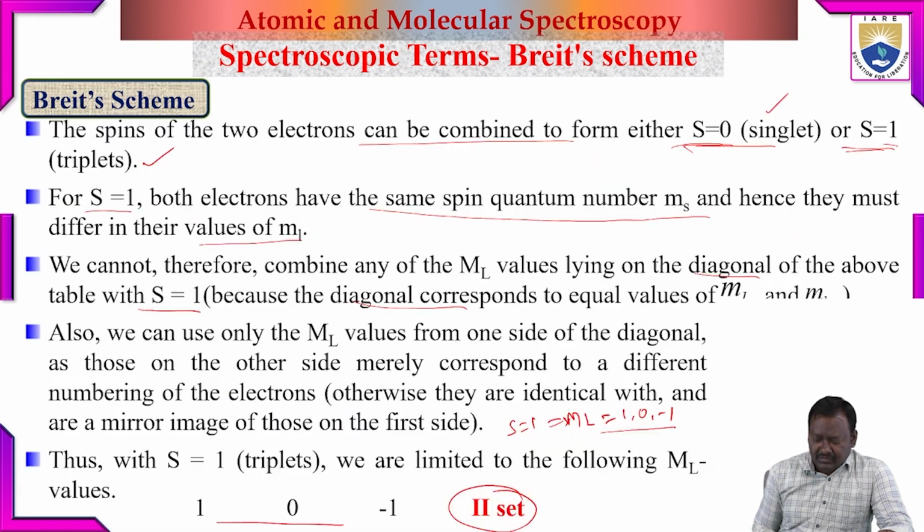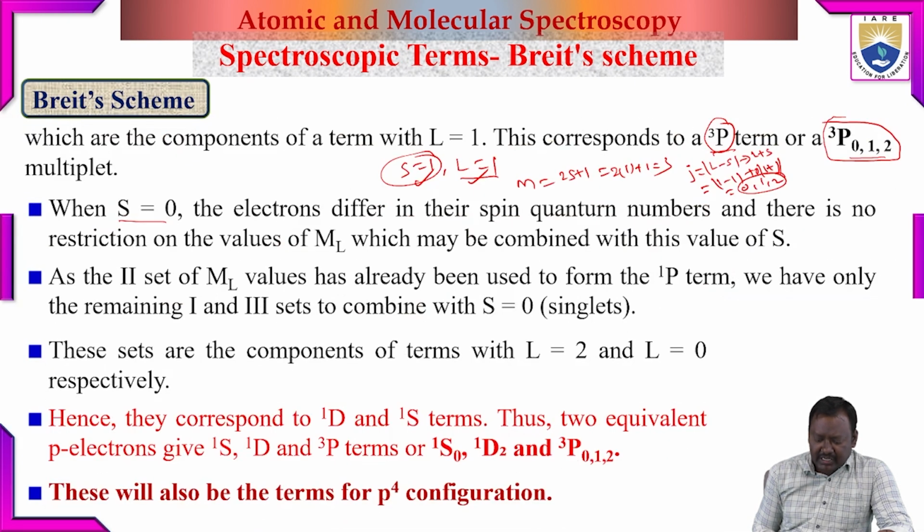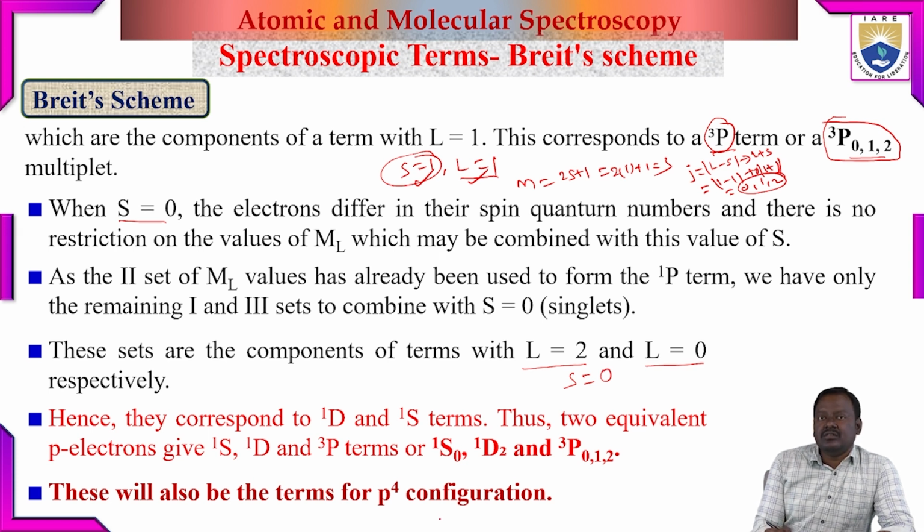So here, possible L values are 2 and 0, and possible S value is 0. So the possible terms with L equal to 2 and S equal to 0, that means singlet, are 1D.